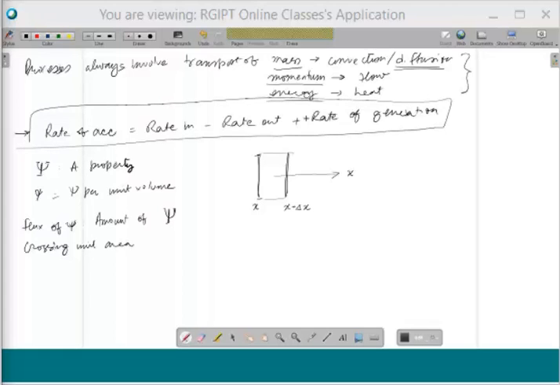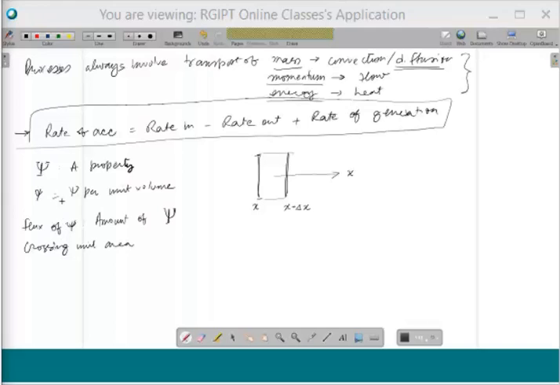We look at what kind of equations we get when we apply the simple rule to different cases, and you can identify something you already learned earlier, right? So we talk about the context with a general property psi, and then we'll apply it to mass, momentum, and energy separately.